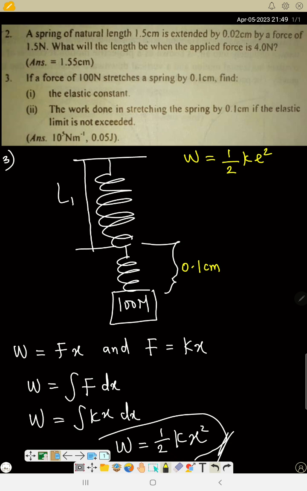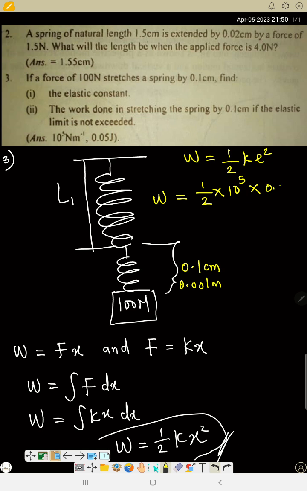So since I know my k, I can work out the work done. So the work done is equal to half times k, which I found to be 10 raised to power 5, times e squared, that is extension, given as 0.1 centimeter. Remember, we've changed this to meter, we got 0.001 meter.